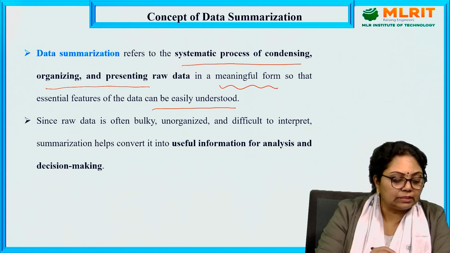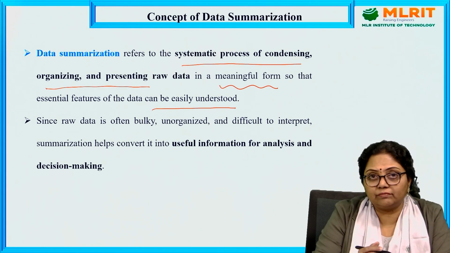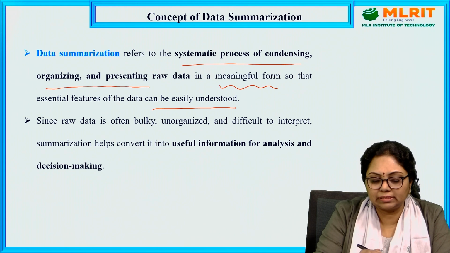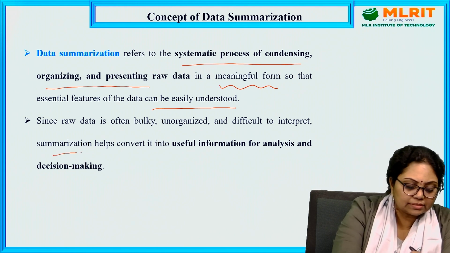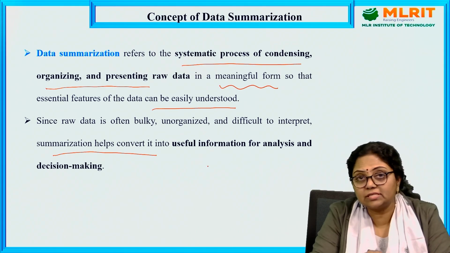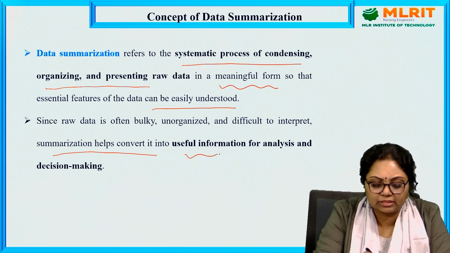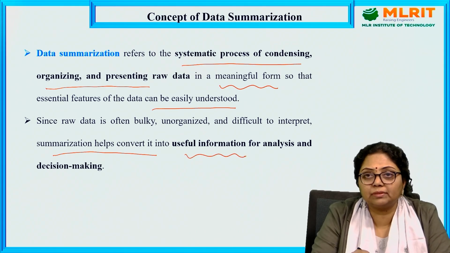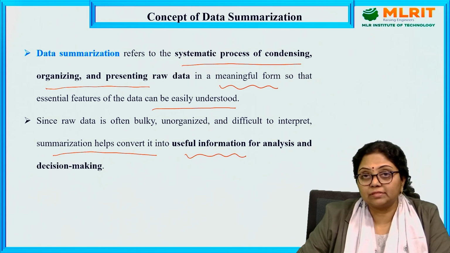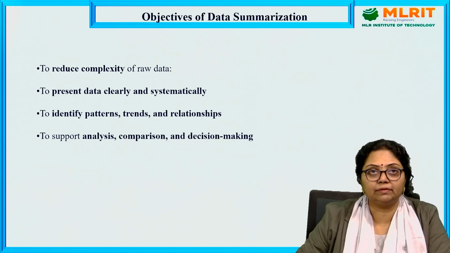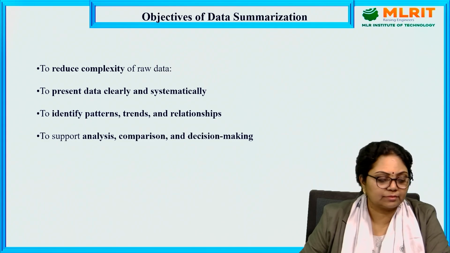The reason is that the raw data we get nowadays is often bulky, unorganized, and difficult to interpret. Summarization helps convert this data into useful information for analysis and decision making.